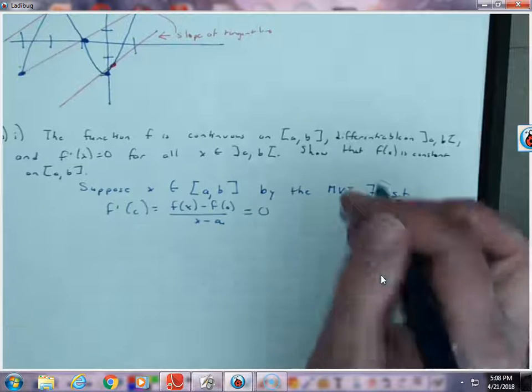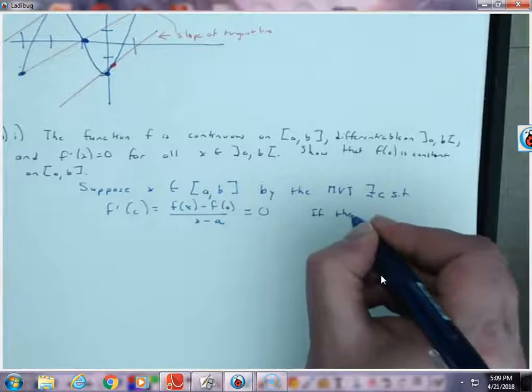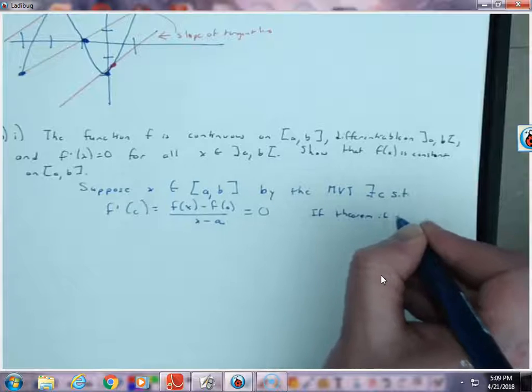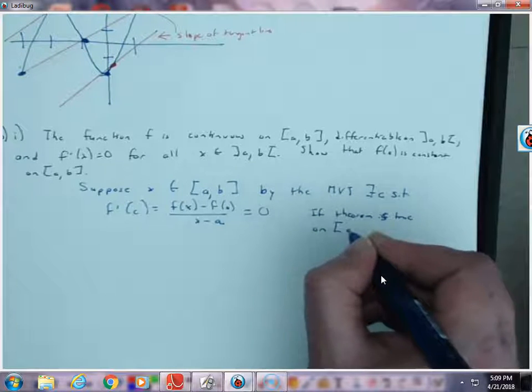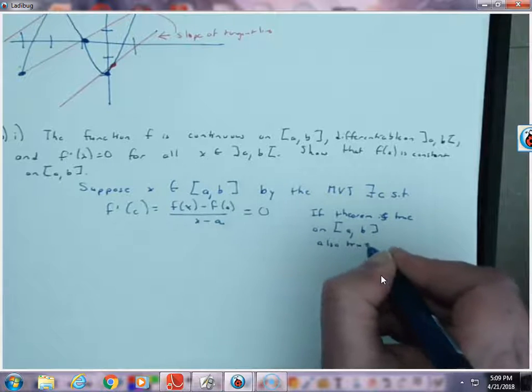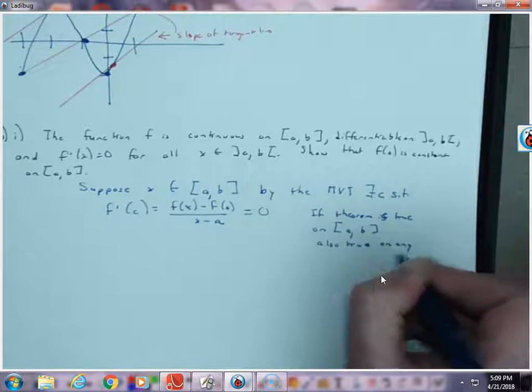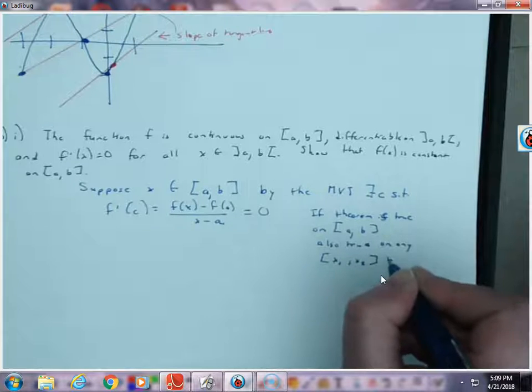And the idea here is if the theorem is true on a to b, it's also true on any x1, x2 belonging to the interval.